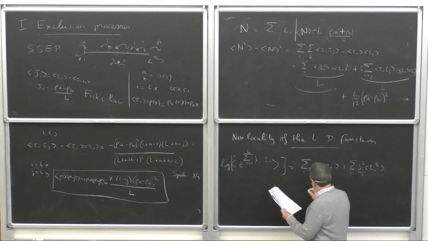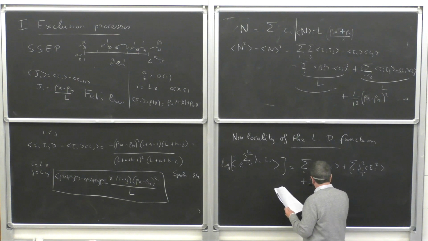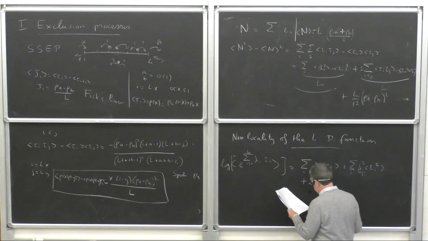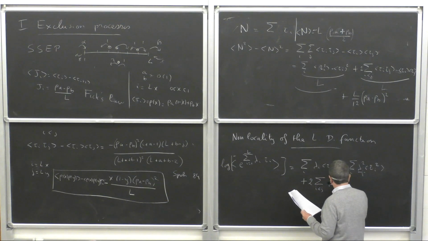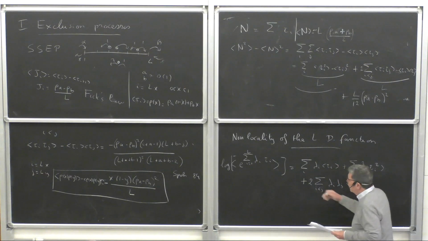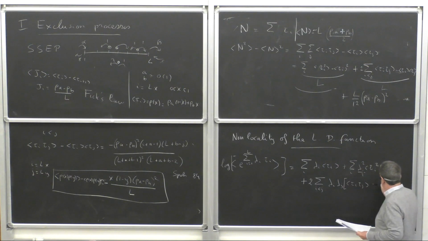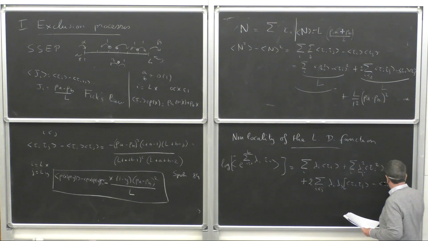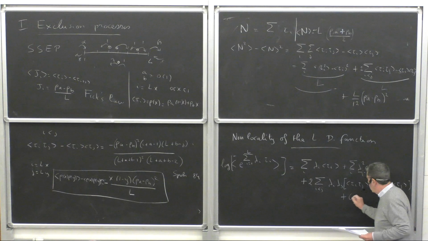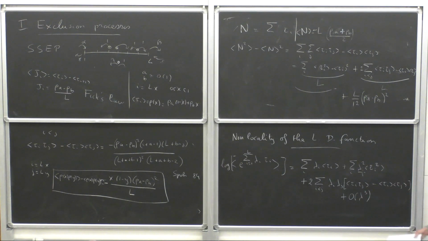And then I have plus, with a 2 here, the sum over i less than j of lambda_i lambda_j tau_i tau_j. Because you expand the exponential and take the log, here you get the truncated correlation function. So this is just algebra, plus order lambda cubed.